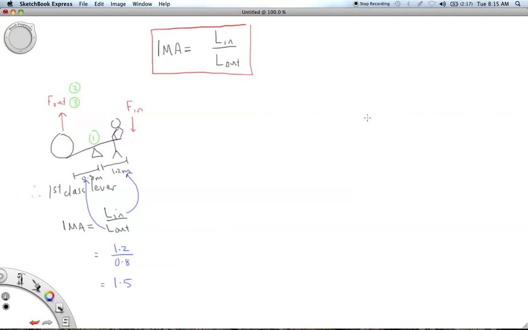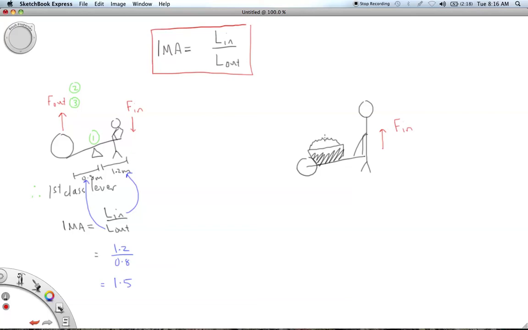So let me draw this properly here. Let's say you've got this wheelbarrow, you're lifting a mound of dirt, and you are up here, and you're lifting it up. So the input force is where you're lifting it up.